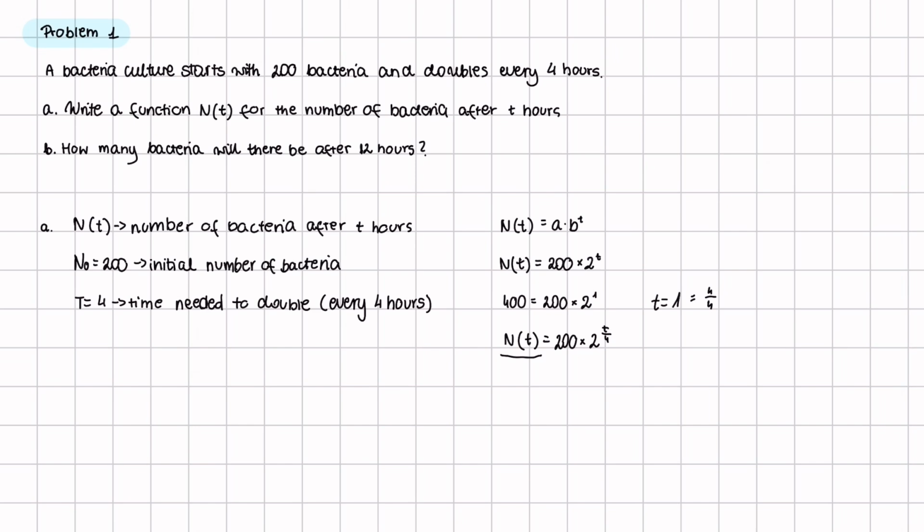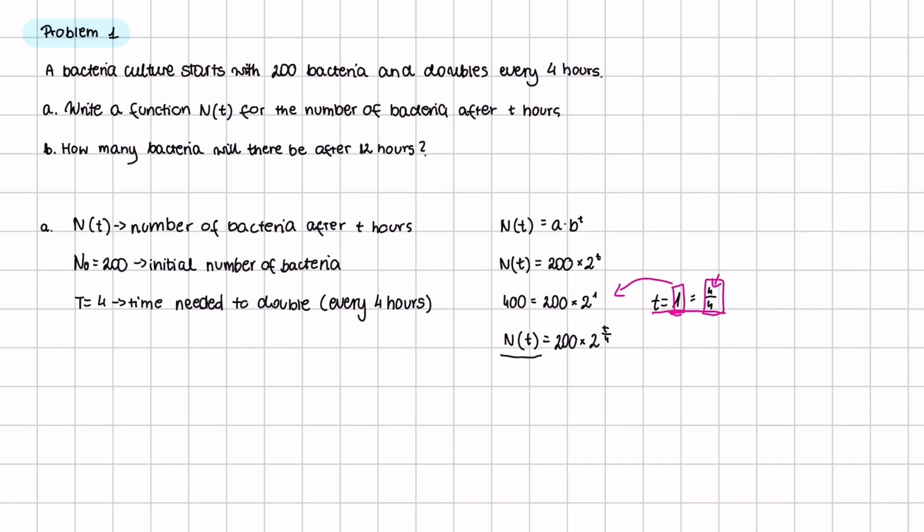And if anyone gets lost in here, this was for me the easiest way to find it, because we have 1 from this, and 4 over 4 is just 1. And we have that it doubles every 4 hours, and we used 4 hours just to check it.